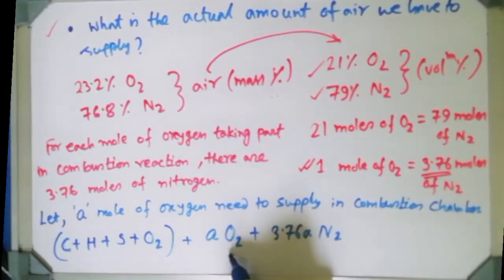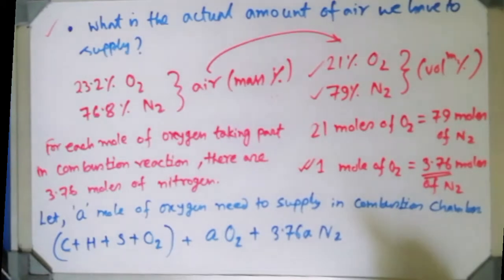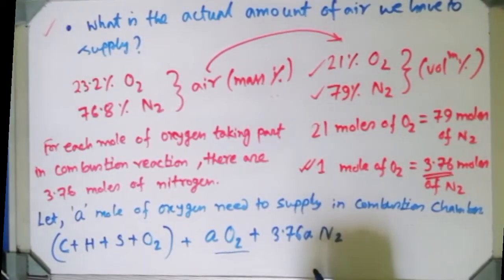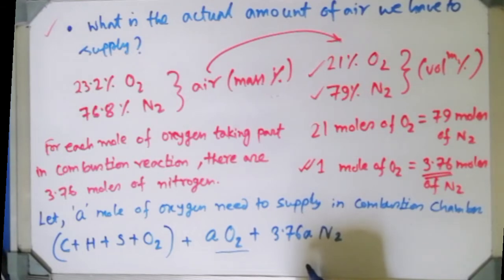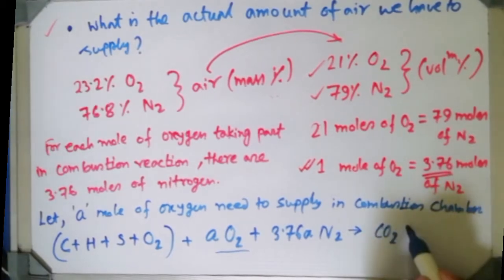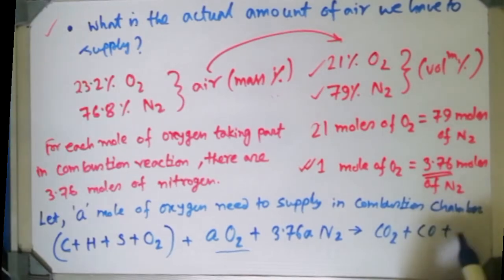Okay, and on the right side of the reaction, obviously those oxides will be there: carbon dioxide, carbon monoxide if it is incomplete combustion, sulfur dioxide also can be there. And this nitrogen always will be there, and it will not take part in the chemical reaction. That's why nitrogen always will be there in unchanged form.